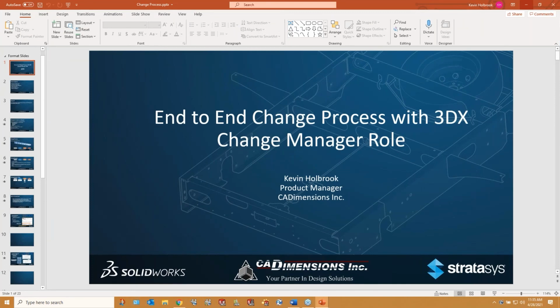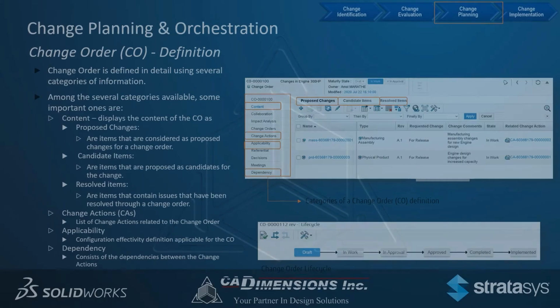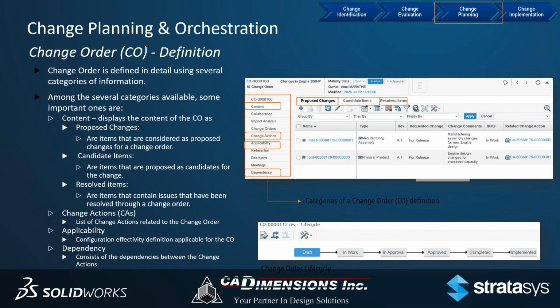So let's come back to our presentation for a moment here. Change orders is the planning and orchestration phase. This is where we're going to take the content, the proposed changes that come from the request. We're going to even add other items that could be affected by this, what we call candidate items.